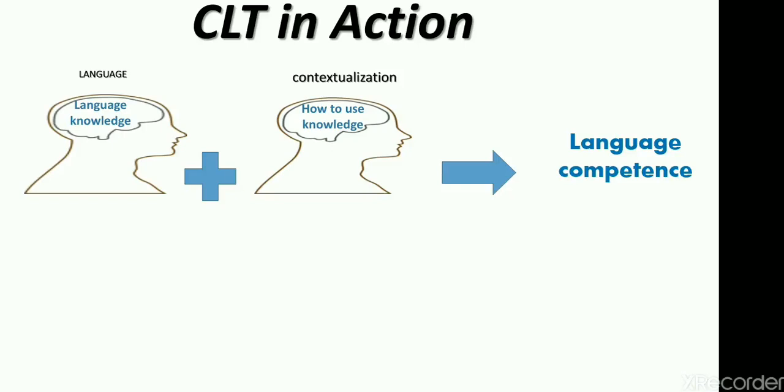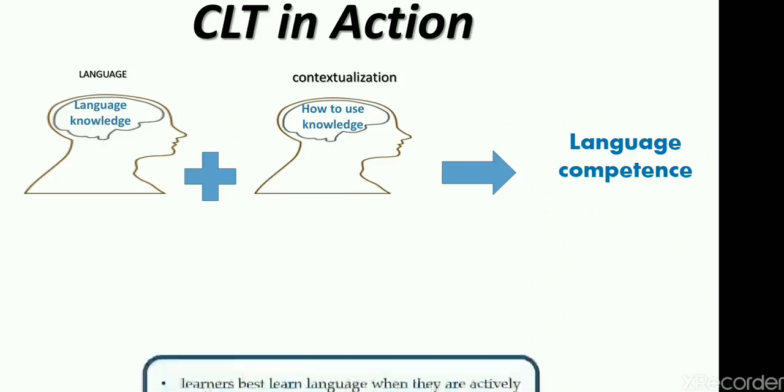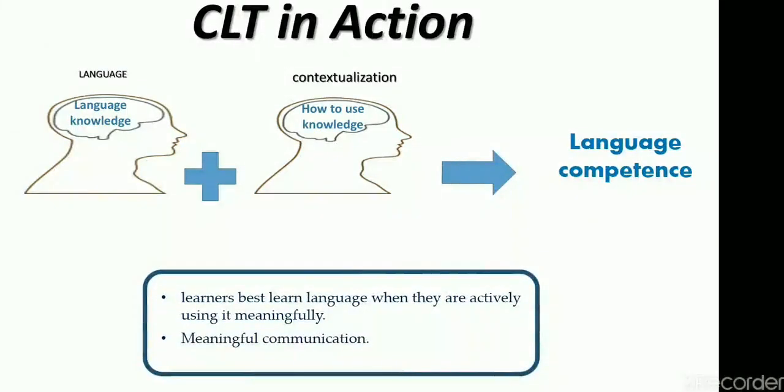So communicative language teaching is based on the idea that learners best learn language when they are actively using it meaningfully, as the approach believes that learners benefit most from activities that provide meaningful communication.